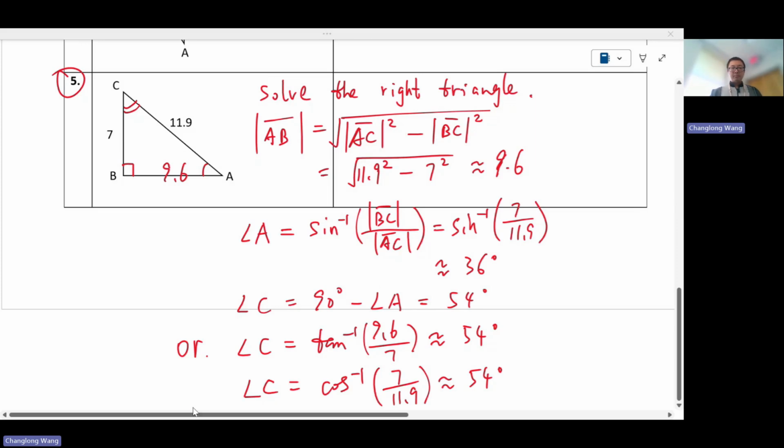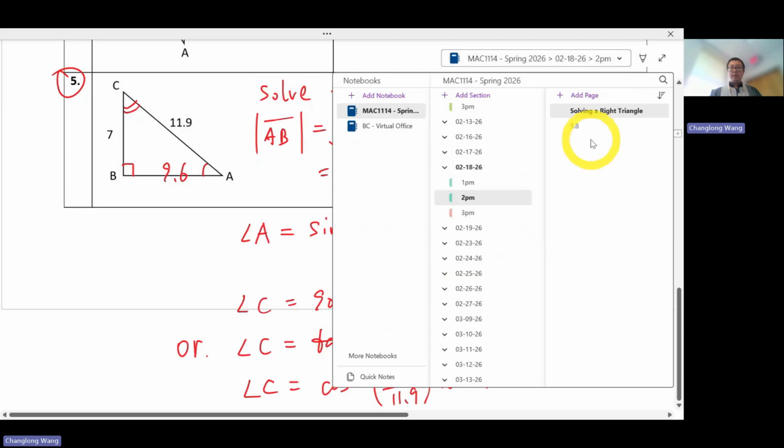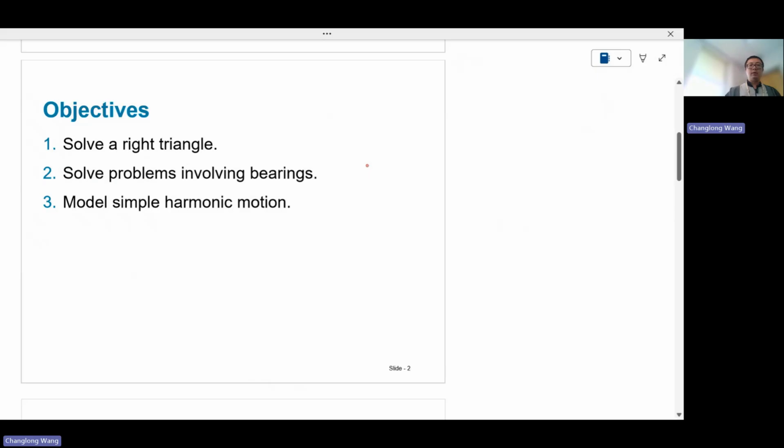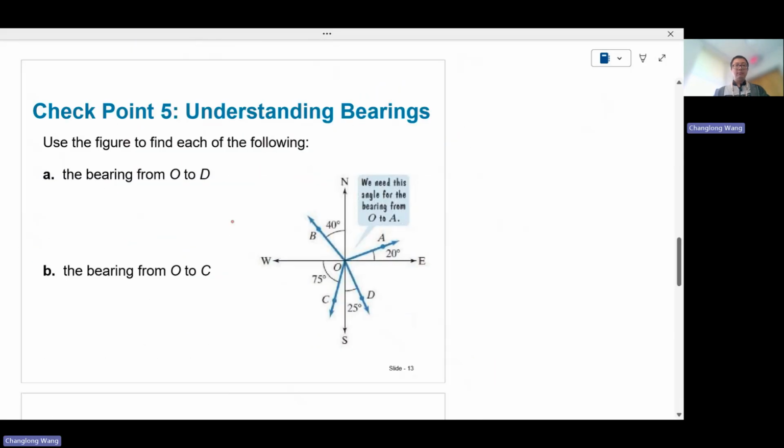Anyway, today we're going to take care of the second learning objective, which is about bearings. I don't know if you've heard of what bearings stands for, or let me show you the textbook. A bearing is a professional way to specify the direction of a certain object. I think that's mostly for navigation purposes.